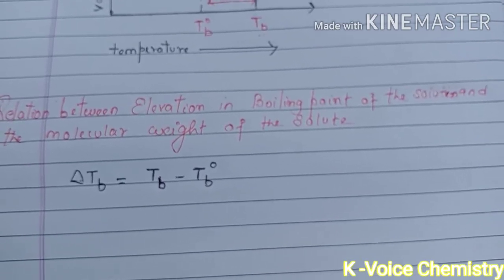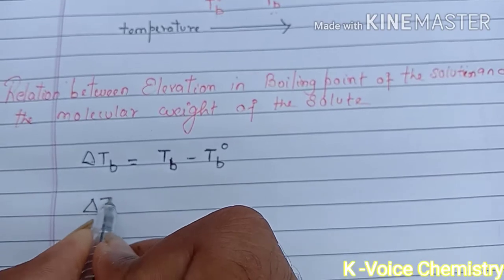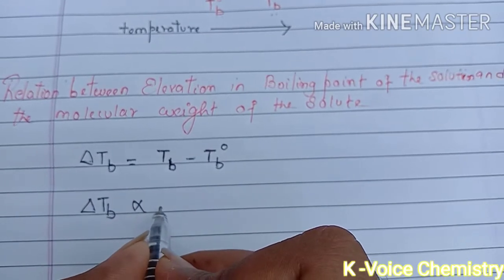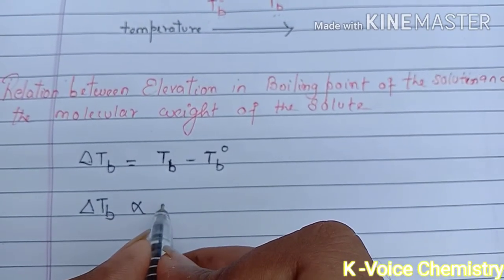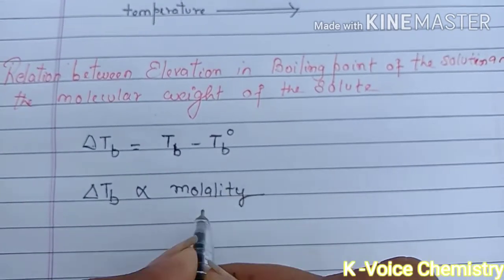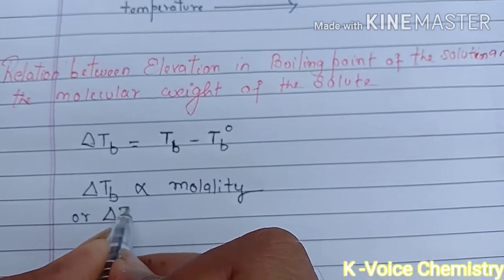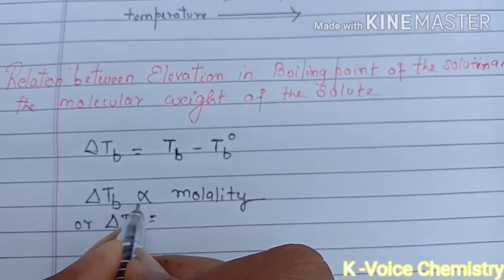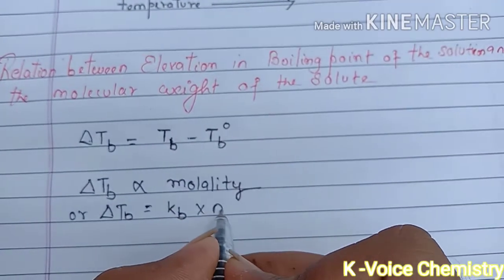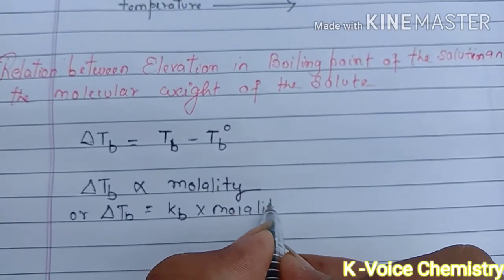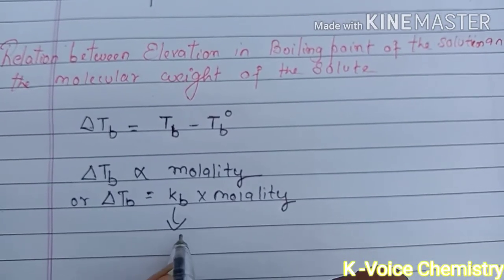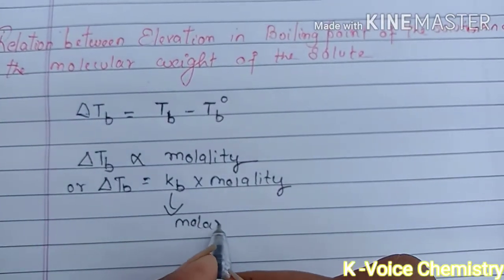In other words, we can say that this elevation in the boiling point will be directly proportional to the molality. By removing the proportionality sign, we introduce this Kb into molality, and this Kb is termed the molal elevation constant.